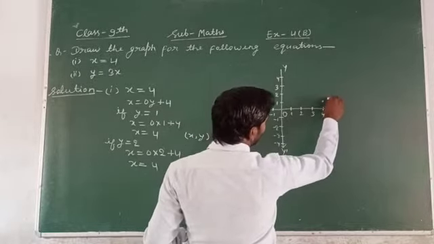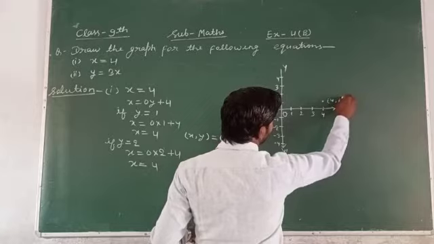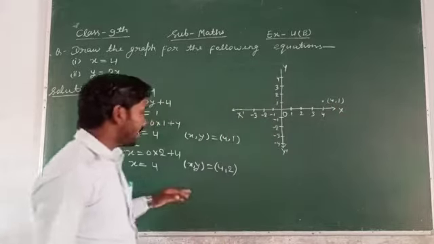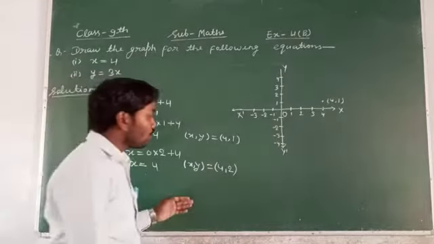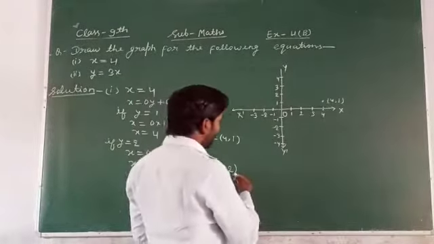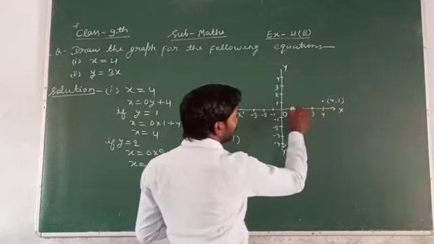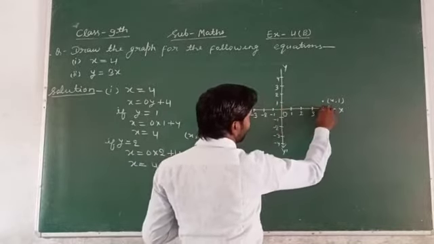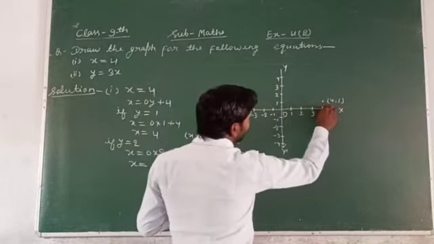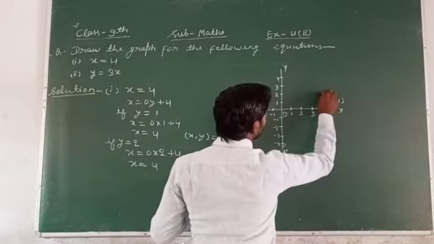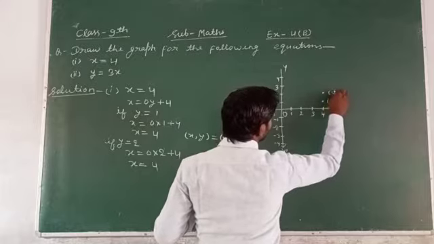So this one will be (4, 1) and next one is (4, 2). So we will plot this point also on the graph. In x we will go up to 4 and in y we will consider up to here. So it will be 2. So (4, 2).